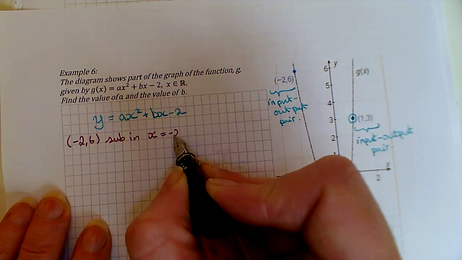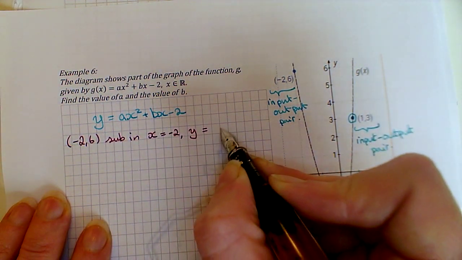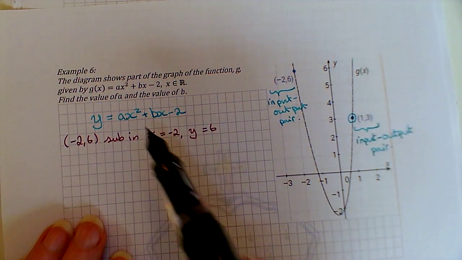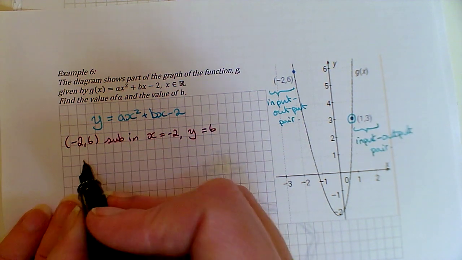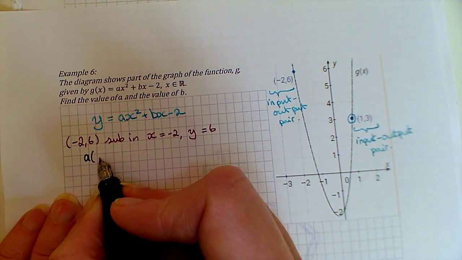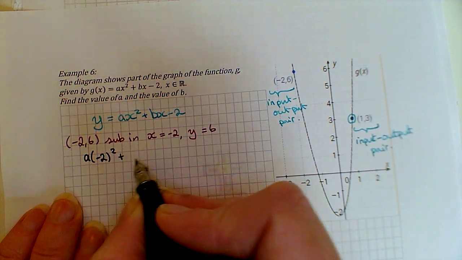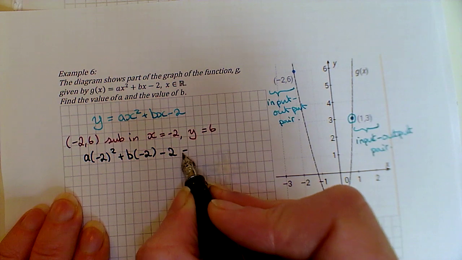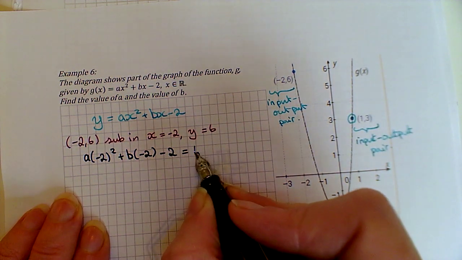So we know from the first point, from the point -2, 6, that if we sub in x equals -2, we can also sub in y equals 6. I'm going to write it with the y on the other side of the equation. So we get a times x squared plus b times x minus 2 equal to 6.